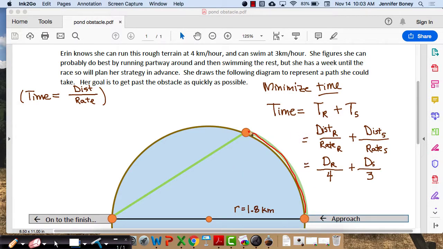Now this is just a general picture. This orange dot could be lower, could be higher, so I'm not going to guess a number for anything, but if you can imagine, let me just call this angle theta, like we've been doing. Think about what is the distance that she runs as a function of theta.